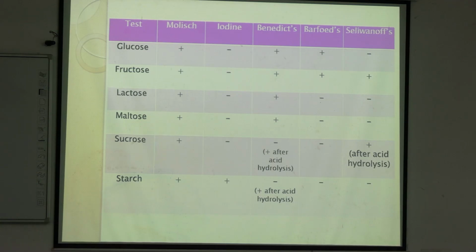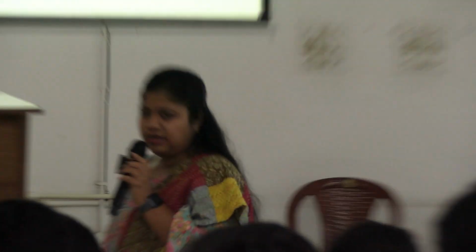In case of sucrose, initially it will be negative. In case of starch also it will be negative. But after acid hydrolysis, what is acid hydrolysis or hydrolysis? After breaking down in presence of water. So if we break sucrose in presence of water, what will be the monosaccharides found?